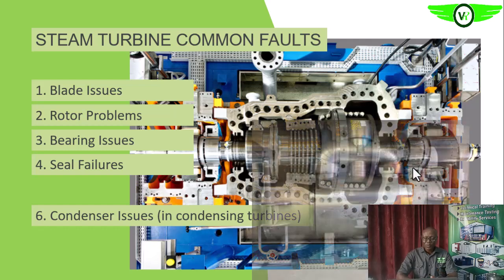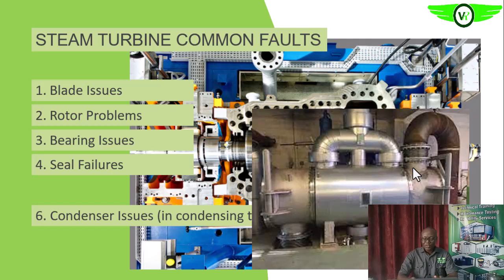So this is the condenser, that is what we have here. Like we said, it is a heat exchanger. All the problems associated with heat exchangers are also experienced in the condensers. We are going to look at all of those later and what we need to do to prevent such from escalating or disturbing the operations of our steam turbine.